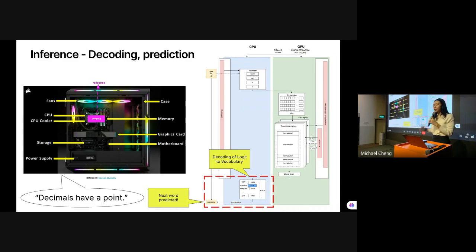Then it finally gives out the final prediction and the decoding onto the CPU. And that's how you get the next word predicted. So hopefully this is a huge breeze through the hardware life cycle of an inference and how the model is loaded.